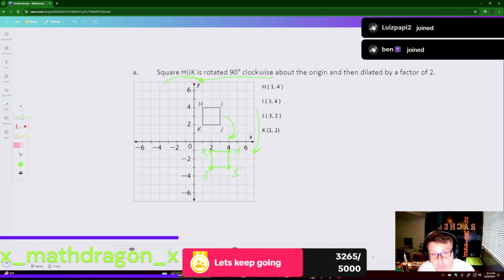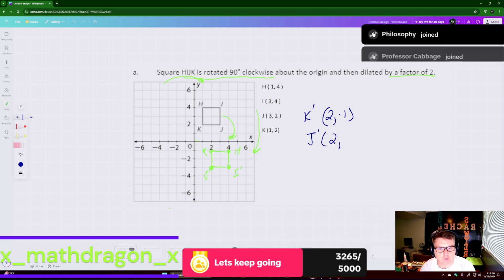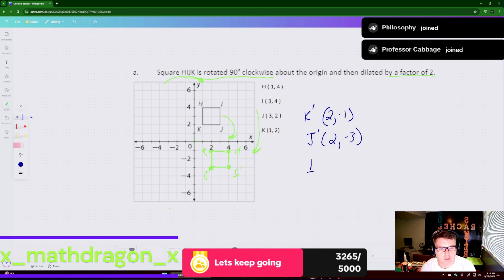Now, if we take those ordered pairs and we want to dilate them by a factor of 2 about the origin, we are going to take those numbers that we have: K prime is 2 comma negative 1, J prime is 2 comma negative 3, I prime is 4 comma negative 3, and then H prime is 4 comma negative 1.